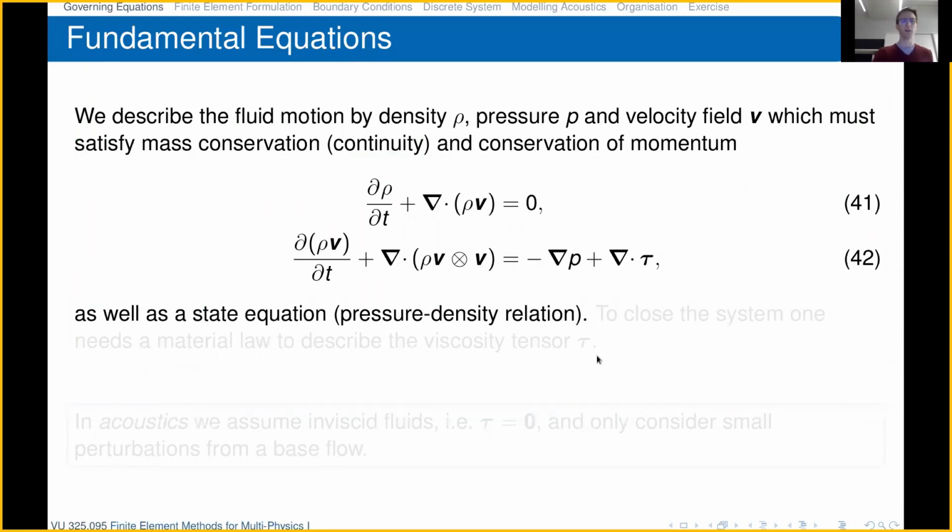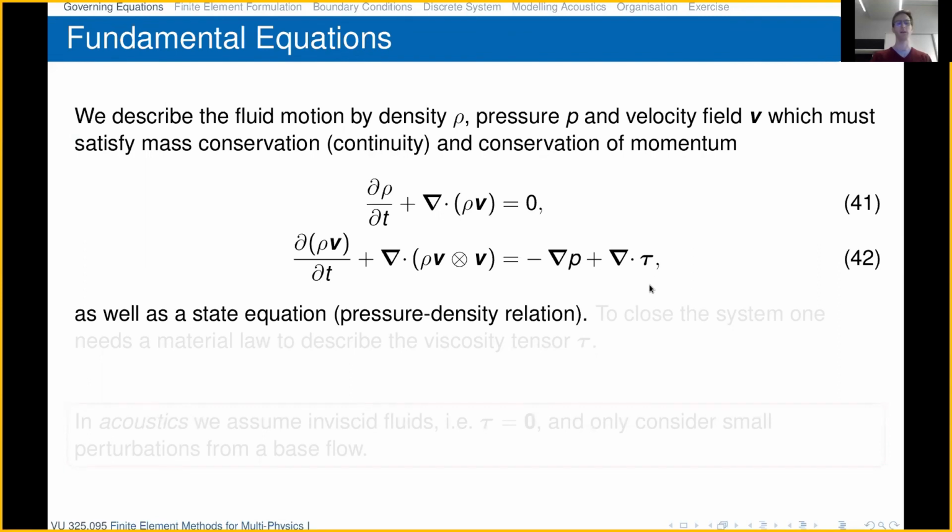So what are now the governing equations for acoustics? We start by describing the fluid motion by its state variables. So we have density rho, the pressure P, and the velocity V. And these quantities must satisfy the conservation of mass, so equation 41. And the conservation of momentum is equation 42.